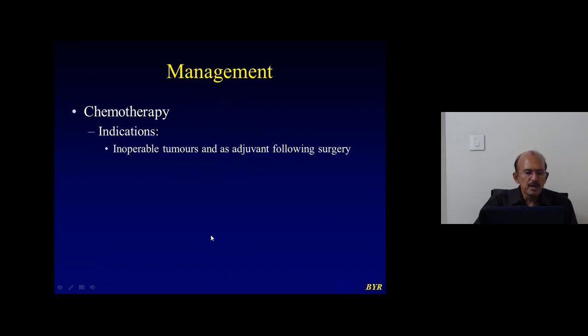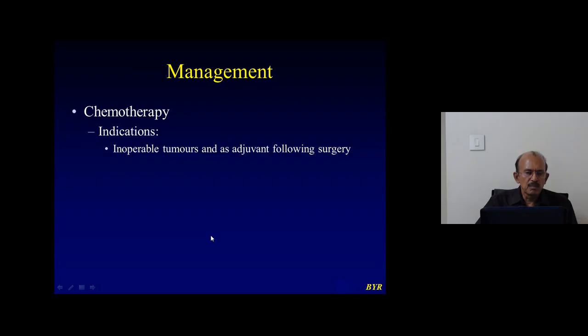What is meant by adjuvant therapy? Adjuvant therapy means whenever you do a curative resection, there may be some amount of cells floating in the blood circulation. Though there are no metastases, still a microscopic presence of cells may be there in the bloodstream.